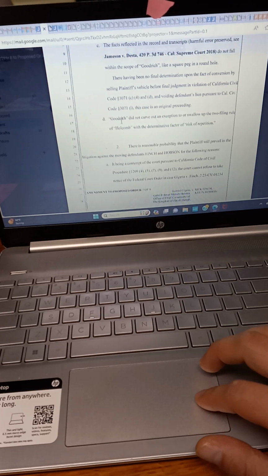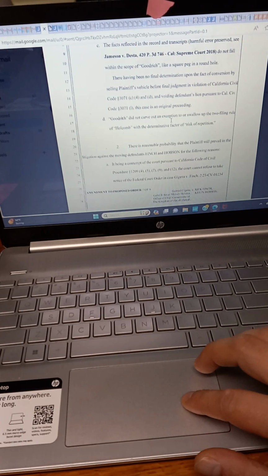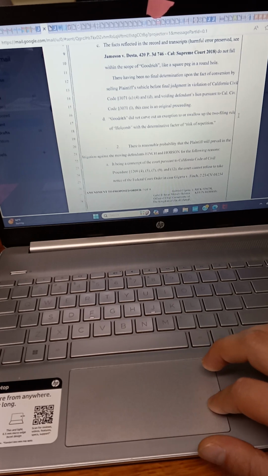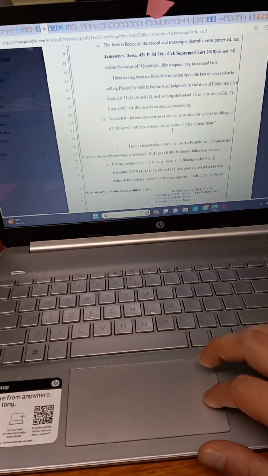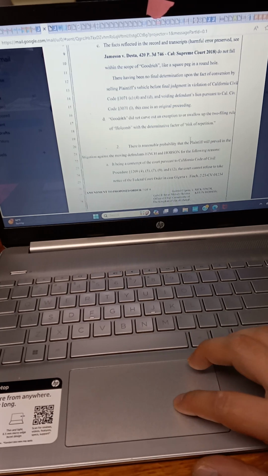And D, Goodrich did not carve out an exception to or swallow up the two-filing rule of Holcomb with the determinative factor of risk of repetition. So that's what they were trying to use.